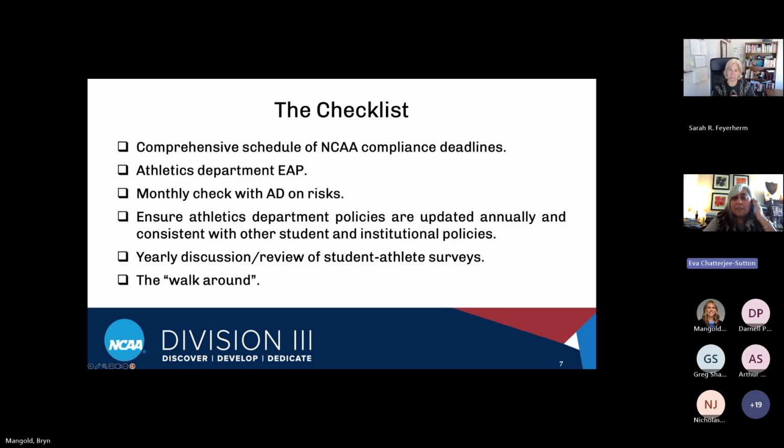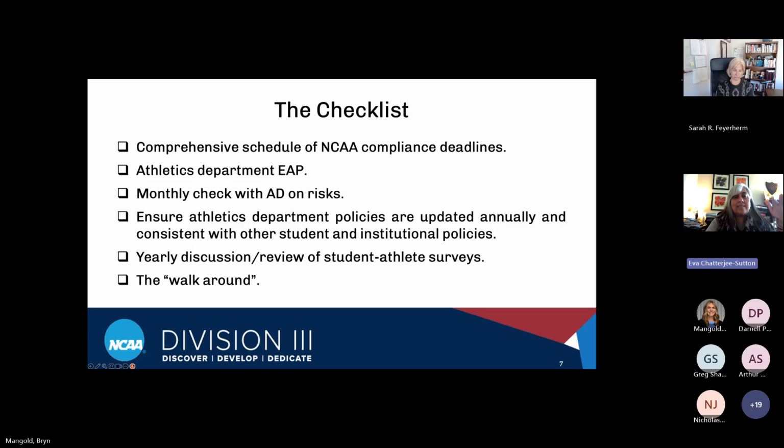But ultimately, as Sarah was talking about, there's the compliance piece of it that we have to do. And then there's the qualitative compliance piece of it, which I'd say from our seats as strategic leaders in athletics, we have to sometimes remind the team on the ground of: are we providing an equitable and positive experience to every student athlete that we recruit to be part of our team and representing our colleges?